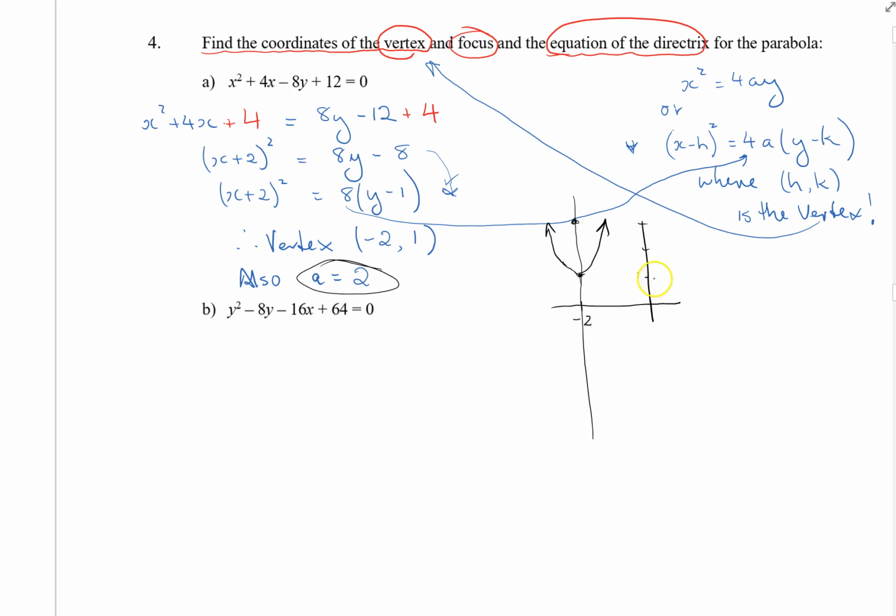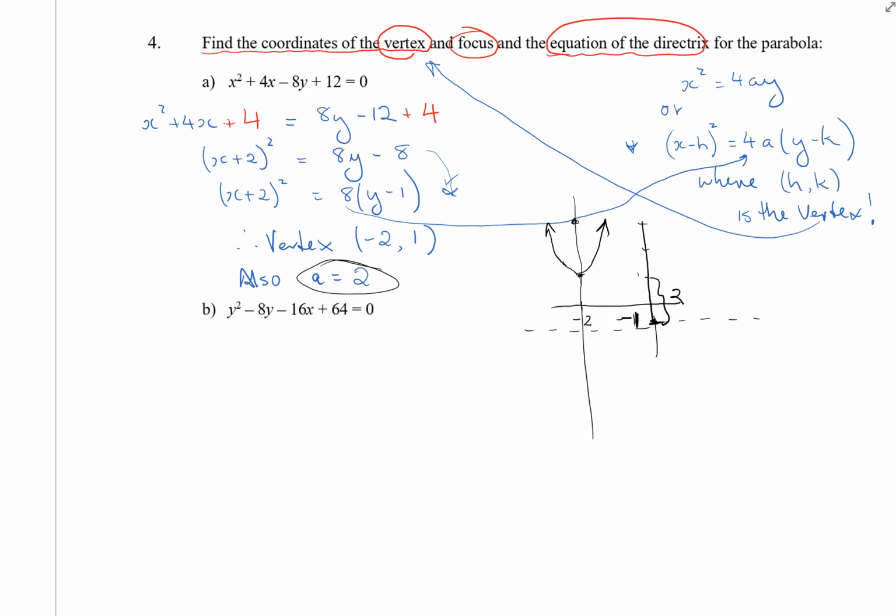And 2 units down for the directrix. So that gives me, I suppose the directrix is the easier one. That's down at y = −1, because 2 units from 1, down 2 units I get to −1.